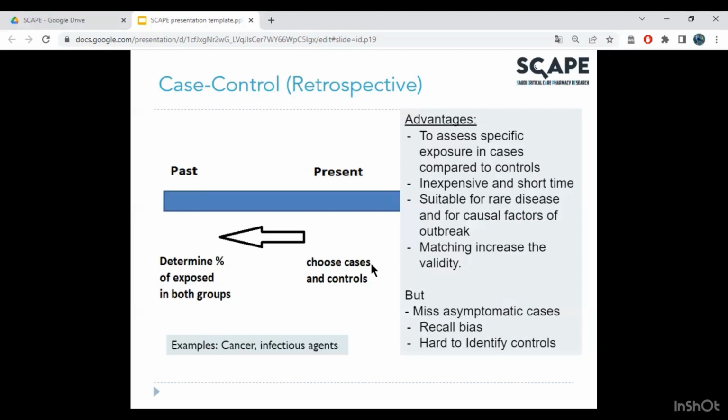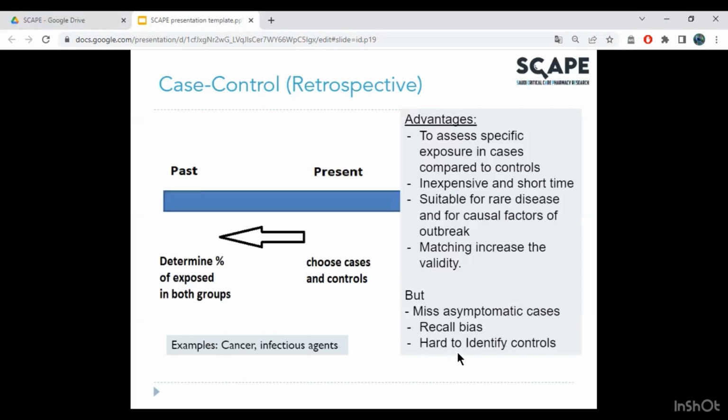They might be inpatients admitted to the hospital, but they don't have cardiovascular disease. They might have maybe respiratory or other infectious disease. Which one to choose to be the controls? This will also affect the estimate of the odds ratio and the overall relationship between the outcome and the exposure.